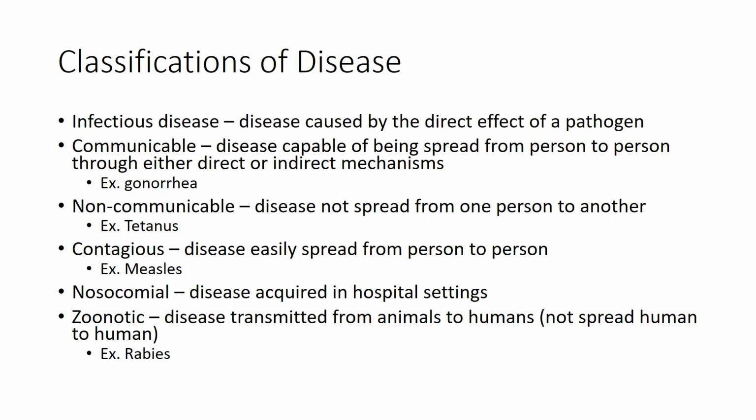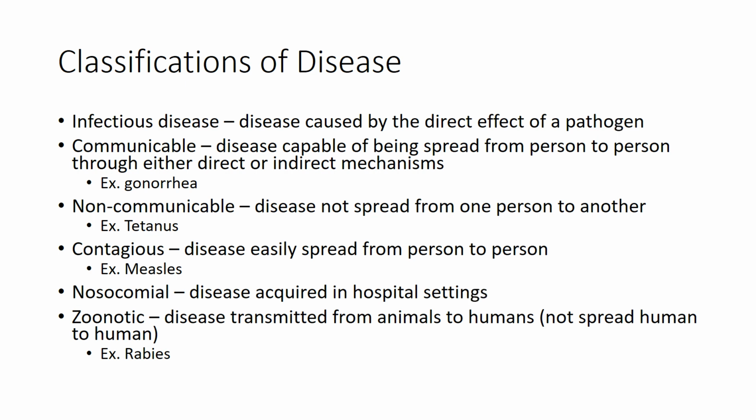So now let's look at a few different ways that we can classify diseases. So we already talked about an infectious disease. So let's look at communicable, non-communicable, and contagious. A communicable disease is a disease that can be spread from one person to another through many different mechanisms, directly coming in contact with the person or even indirect contact.